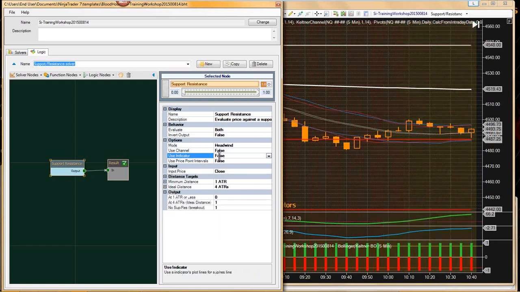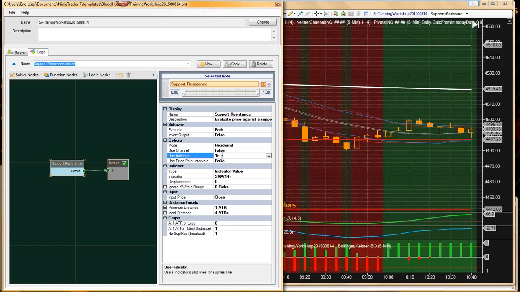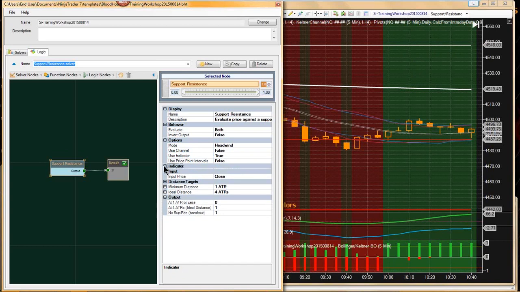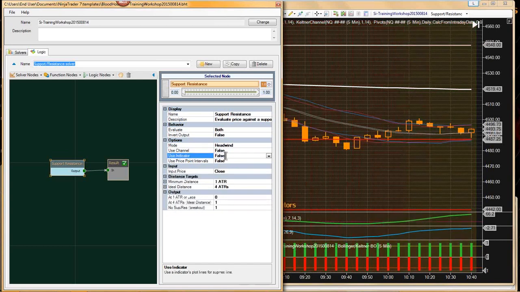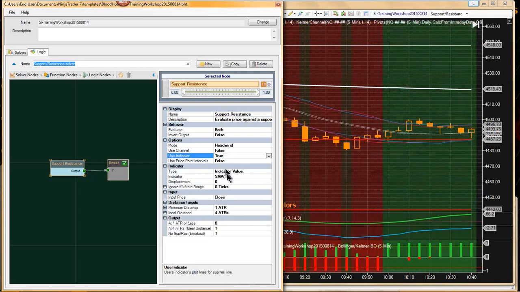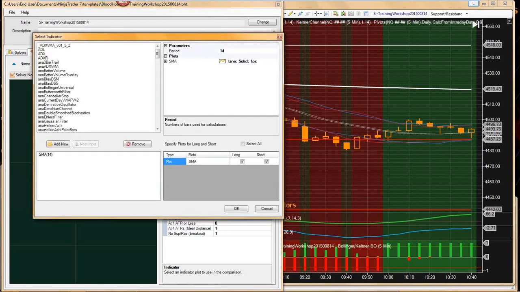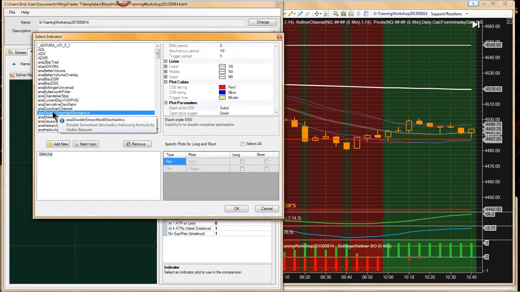Okay, so when I turn this to true, you can see this new section opens up. This indicator section opens up when this is set to true. This allows us to put in our indicator here. So let's change this to our pivot indicator.